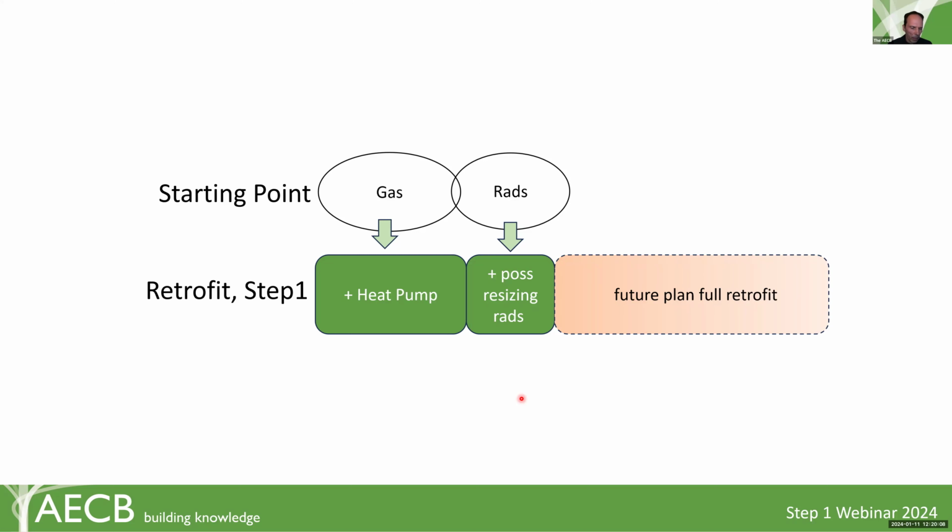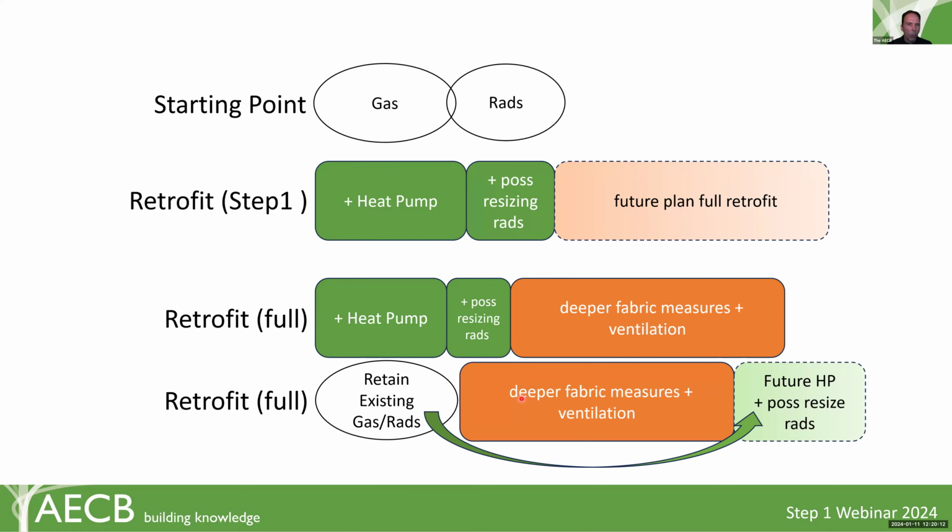but not a huge amount. And if we compare that with all the standards now, if we look at all of those together, we can see that they all really contain the same things. The heat pump is in all of them. It's either at the start or it's at the end. The possible resizing of radiators links to that.